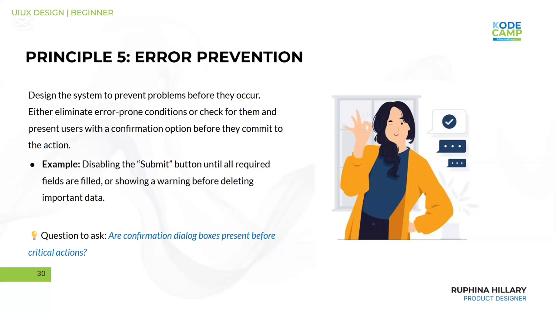This is as simple as disabling the submit button until all required fields are filled. Let's say you are trying to register for something, and you're moving your mouse across the screen, and perhaps by mistake you click on the submit button before you are done filling in the form. Now this is an error, because you did not finish filling in the form before you submitted.